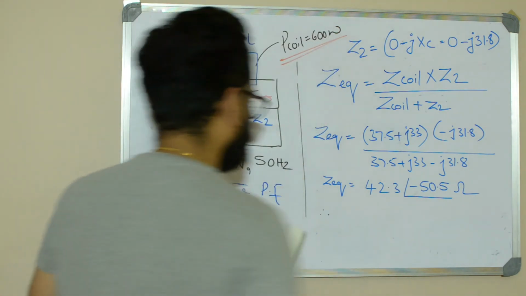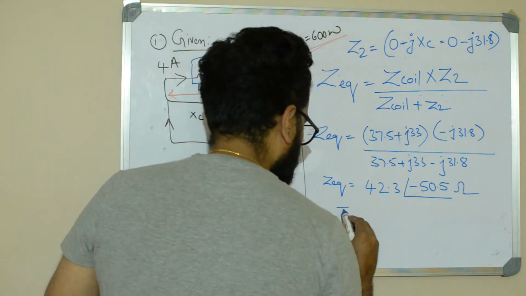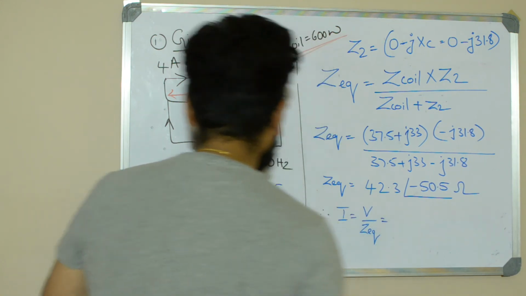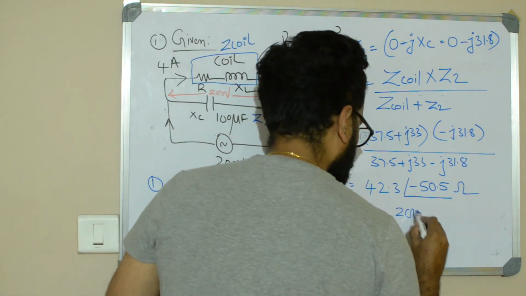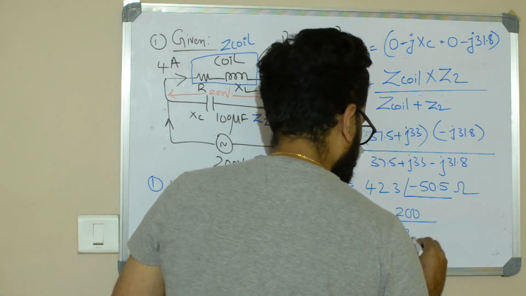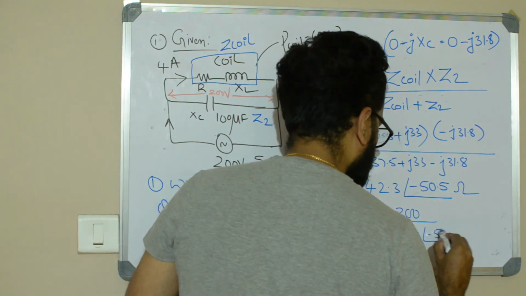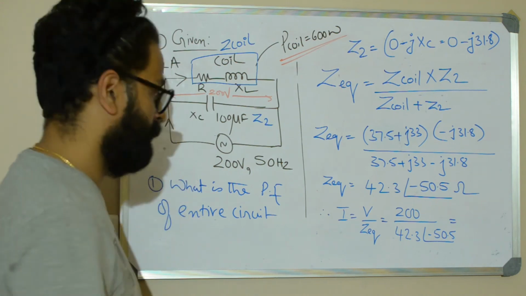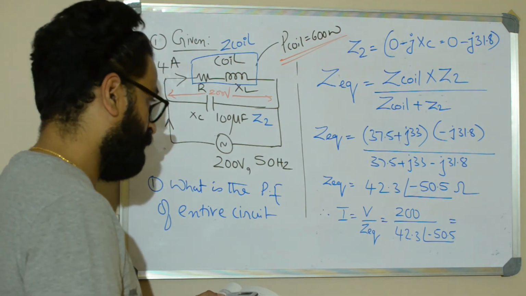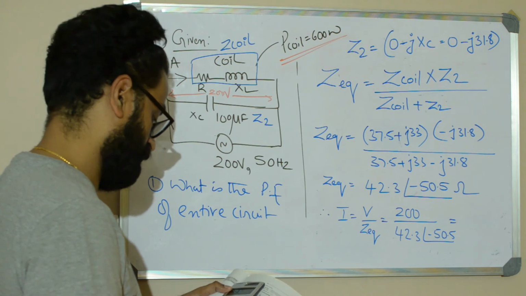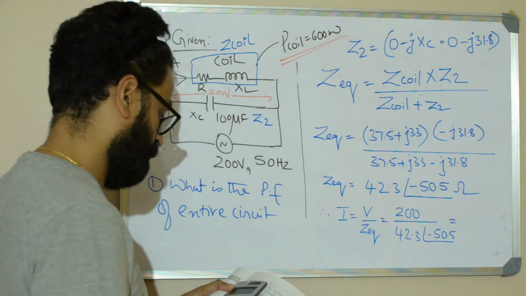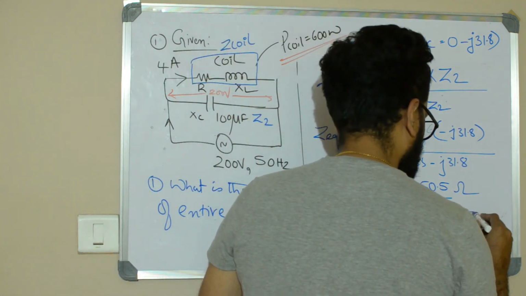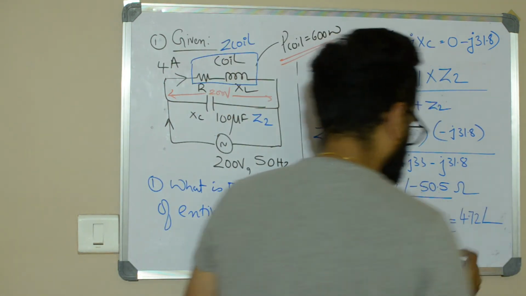Therefore, the current can be found: I is equal to V by Z equivalent, which is 200 divided by 42.3 at an angle of minus 50.5. 200 divided by 42.3 is 4.72, at an angle.